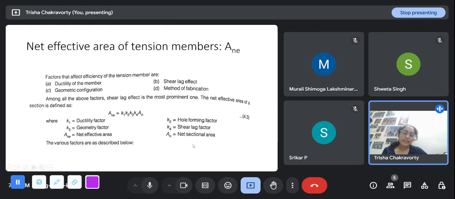IS 800 says that in that b minus n into d naught, suppose d naught was 18 millimeter, then you just add 2 to it and make it 20 millimeter, and so the AN as a result reduces, and the ANE as a result will also reduce. So that is one method. Another method is simply putting K2 equal to 0.85 and letting AN remain what it was. Both of them have the effect of reducing the net effective area.